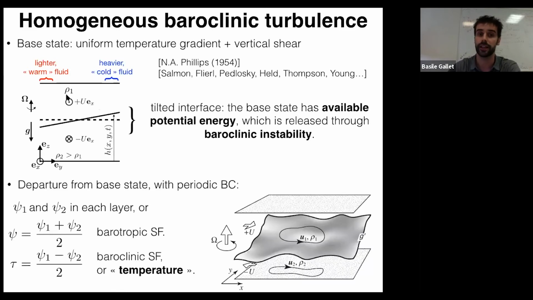Okay, so you can study that dynamics using, again, two stream functions, which are now the departure stream functions from that base state here. And same thing, you can then go from the two departure stream functions to the departure in barotropic stream function, the vertically average flow, and the temperature field.